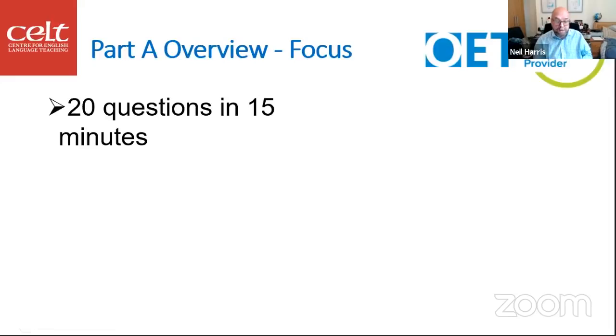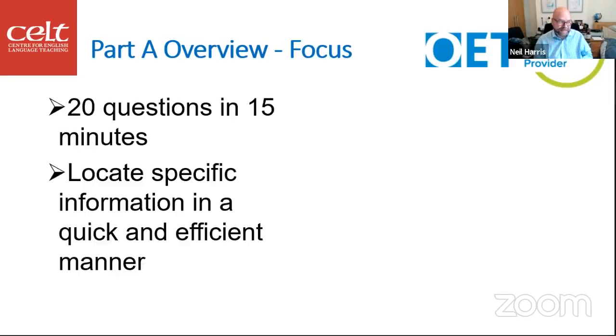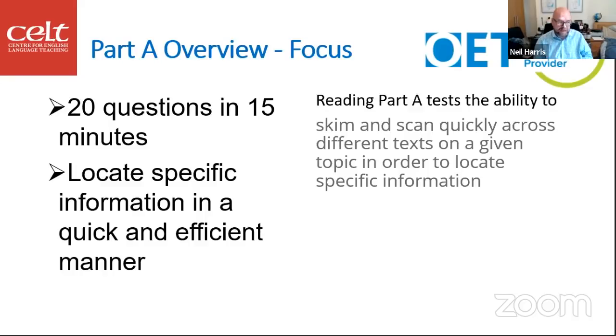So the focus of reading part A is this. As we know, you've got 20 questions in 15 minutes. Feels a lot, doesn't it? What this part of the test is looking at is your ability to locate specific information in a quick and efficient manner. And you might ask yourself, how do I do that?